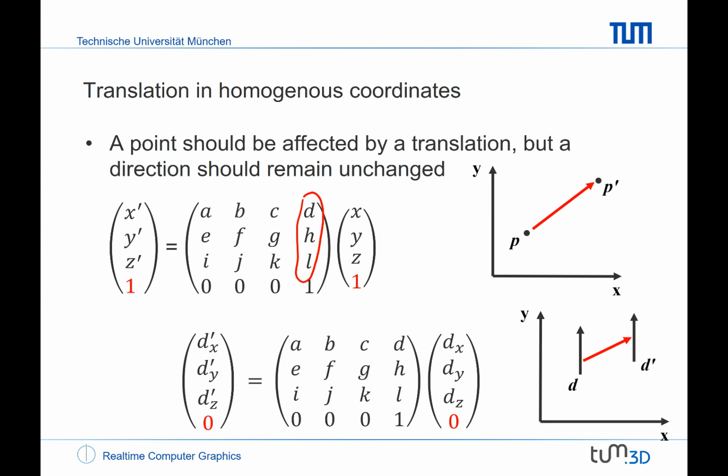In order to do so, we specify for every vertex a 1 in the fourth extended homogeneous coordinate. By doing so, if we multiply the 4x4 matrix with this vertex in extended coordinates, then we always add d times 1 to the x prime coordinate, h times 1 to the y prime coordinate, and l times 1 to the z prime coordinate, meaning that this transformation does exactly what we want. It just applies the translation components to the vertex.